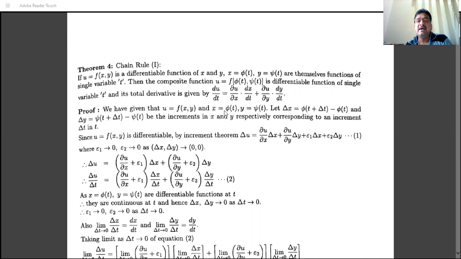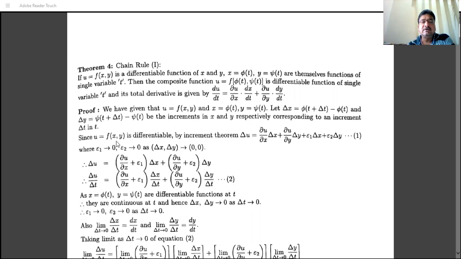Because x and y are functions of t, if we change t, then delta x and delta y also change. So if we change t by delta t, then the change in x is delta x, that is phi t plus delta t minus phi t, and the change in y is delta y, equal to psi t plus delta t minus psi t.